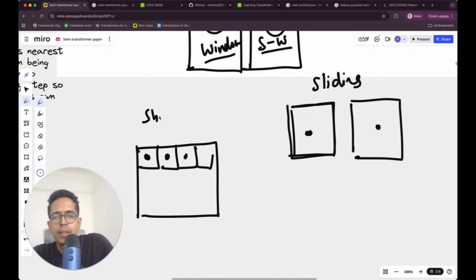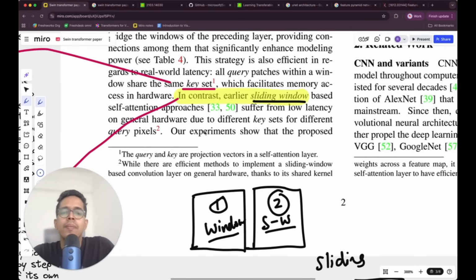This is what they have in shifted window in Swin Transformer. And they are saying shifted window results in better latency, whereas sliding window results in low latency. Okay, "suffer from low latency on general hardware due to different key sets for different pixels.